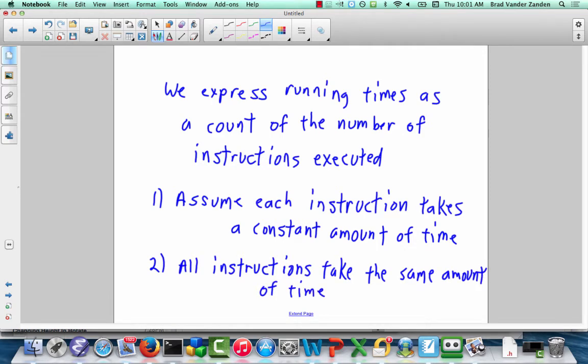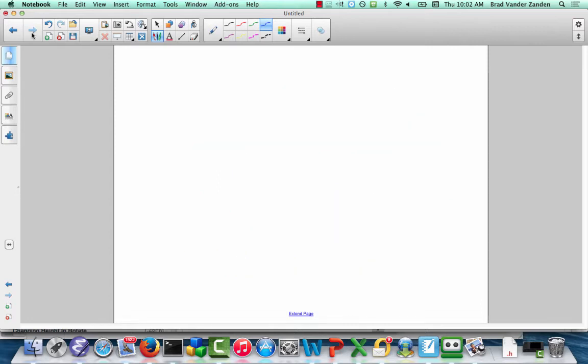So we're abstracting away from the processor speed. We're just counting instructions. We're not trying to figure out how much time each instruction takes to actually execute on, say, an Intel chip or a PowerPC chip or anything else. There's a few very basic rules for counting the number of instructions.